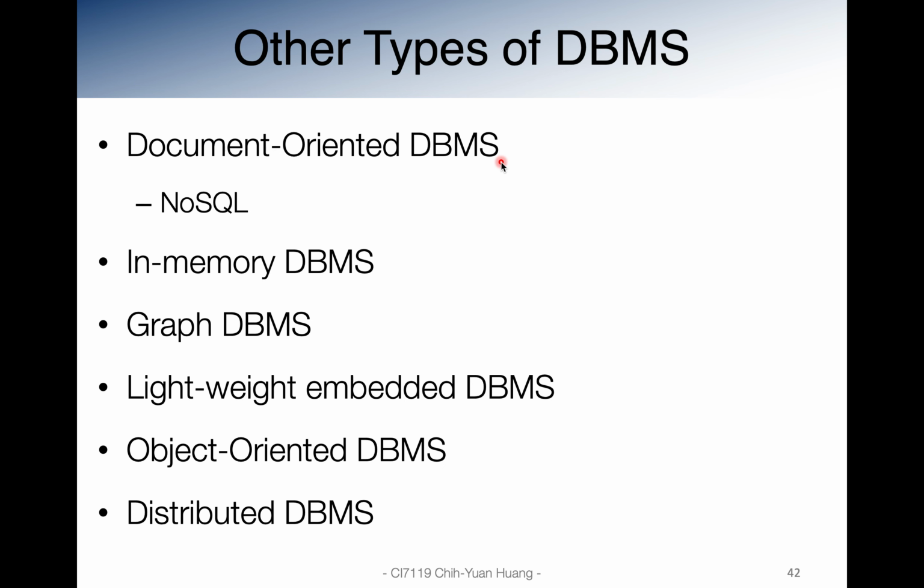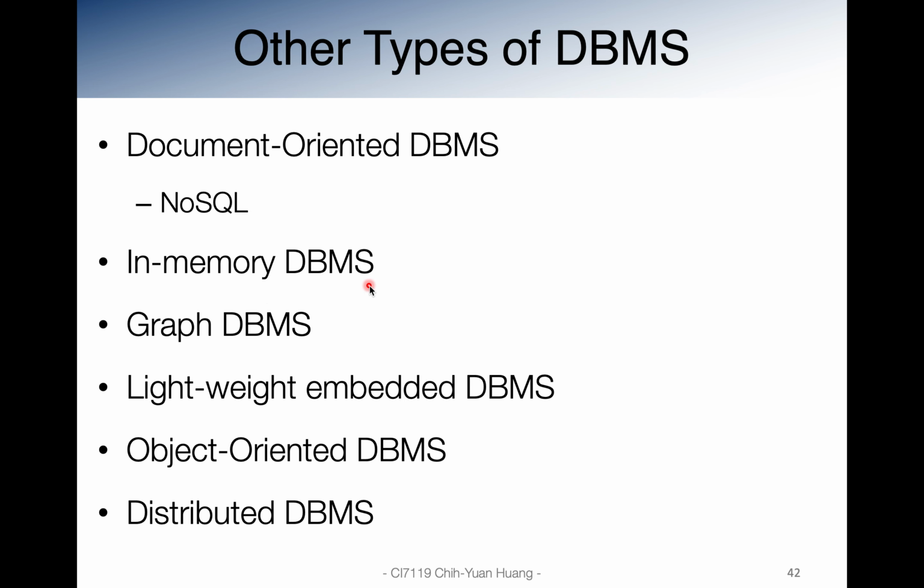In this case, there's a trend called document-oriented DBMS, sometimes also called the NoSQL database. The official name for NoSQL is not only SQL. And the other type of DBMS is called in-memory DBMS.